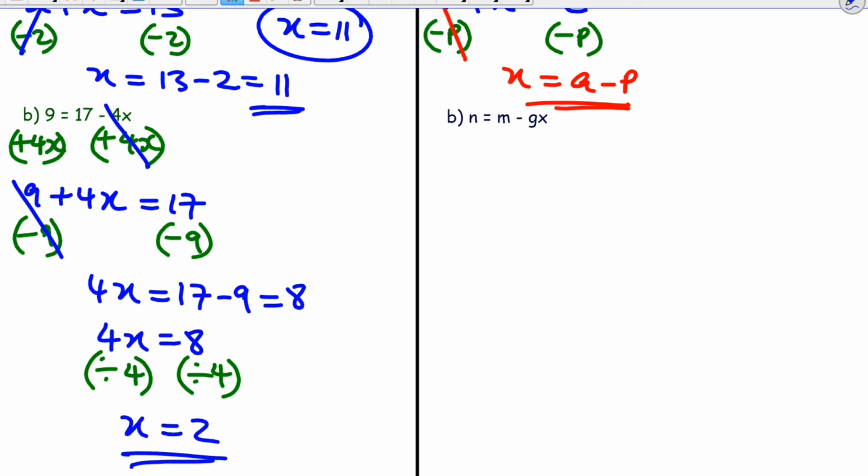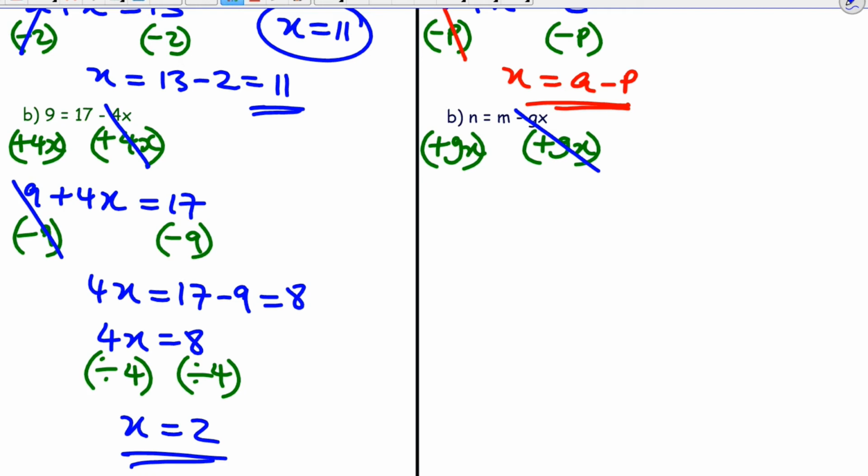Okay, we can apply the same process to the right. So the first step will be adding gx on each side. So add gx and add gx. Negative gx plus gx is just like negative 2 plus 2, which is 0.